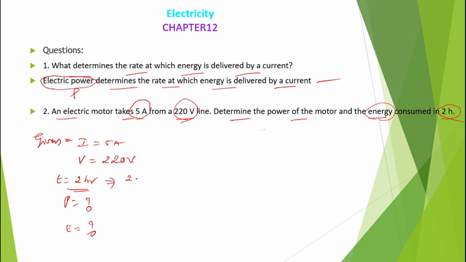So 2 hour, hour we want to cancel, so I have written the denominator: 1 hour is equal to 60 minutes. Again minutes I want to cancel, so 1 minute is equal to 60 seconds. So minute cancel, hour cancel.